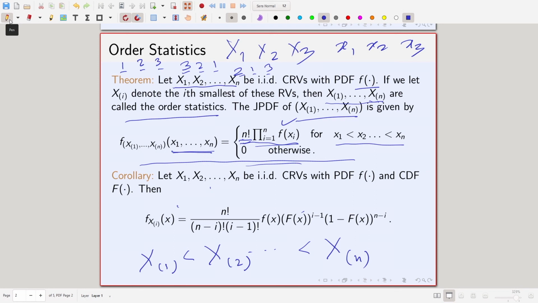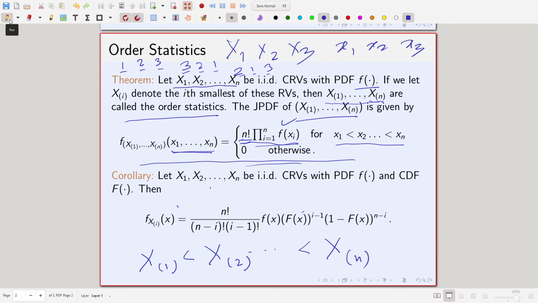When you are given the joint density, you know what you have to do: just integrate out the remaining variables. But the integration can be complicated. So we will not do the integration here, but in principle you know how to find the marginal density when you are given the joint density.